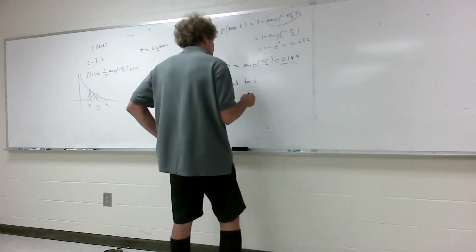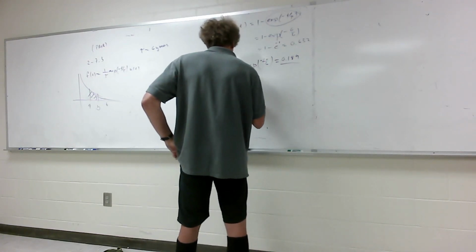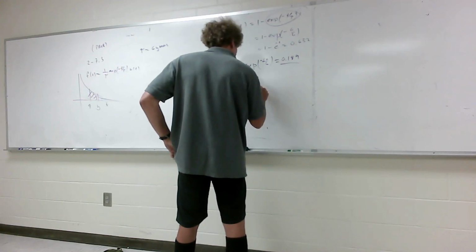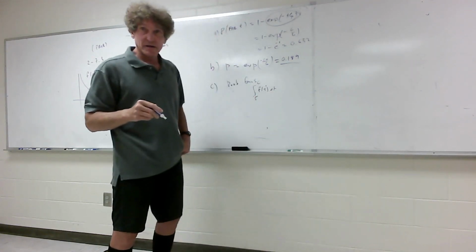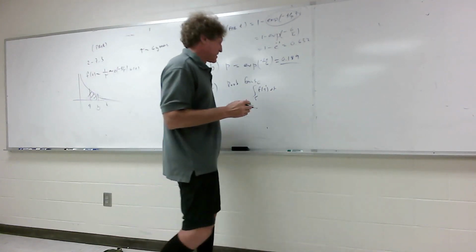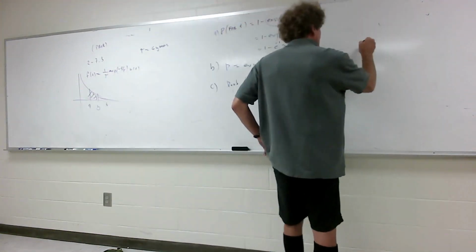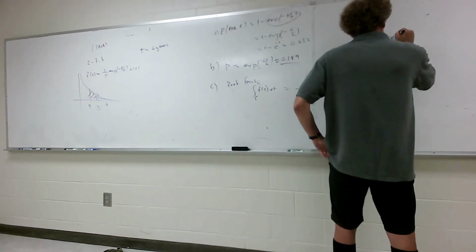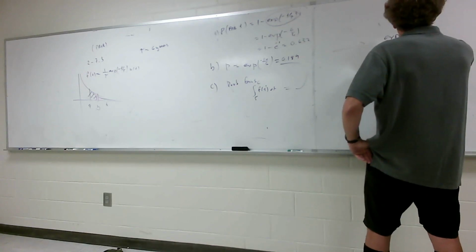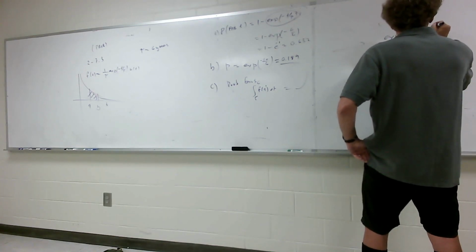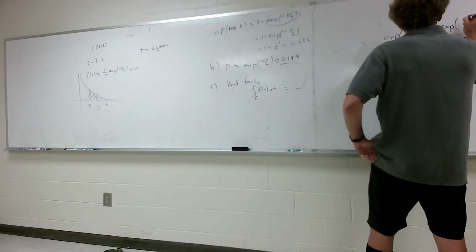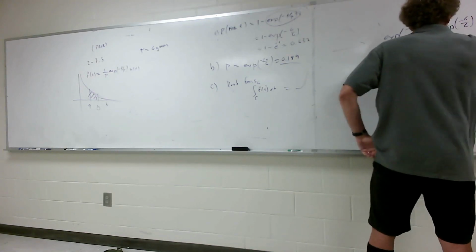It would be the integral of f of t prime dt from 5 to 6. That's going to be exp to the minus 5 over 6 minus exp to the minus 6 over 6.